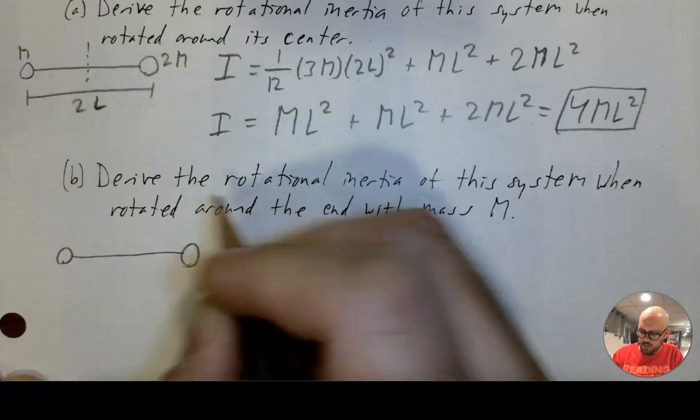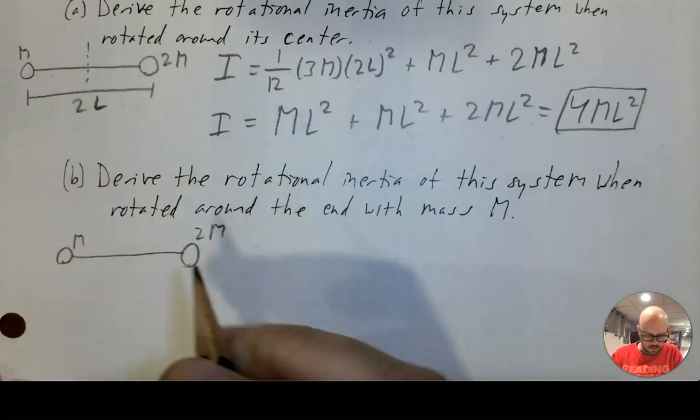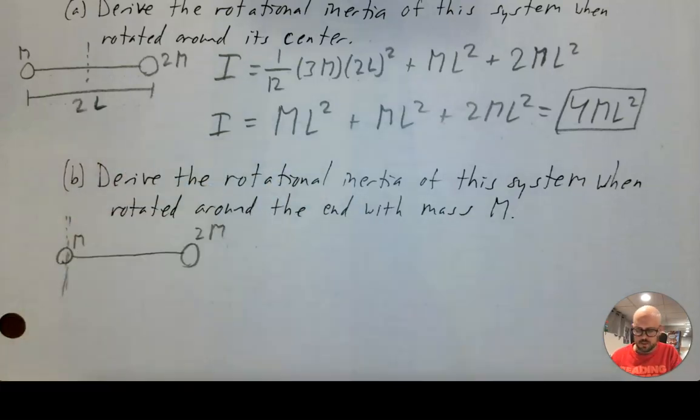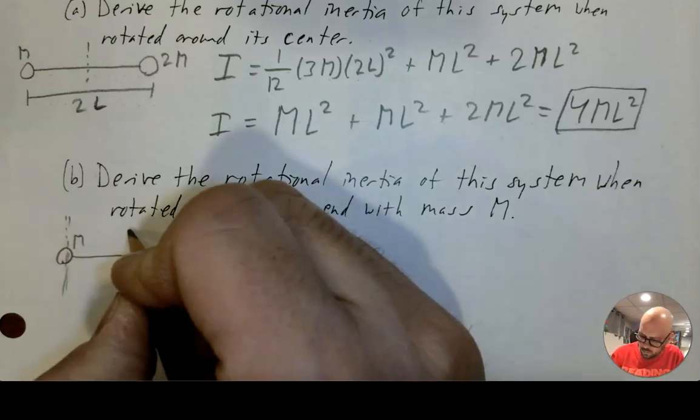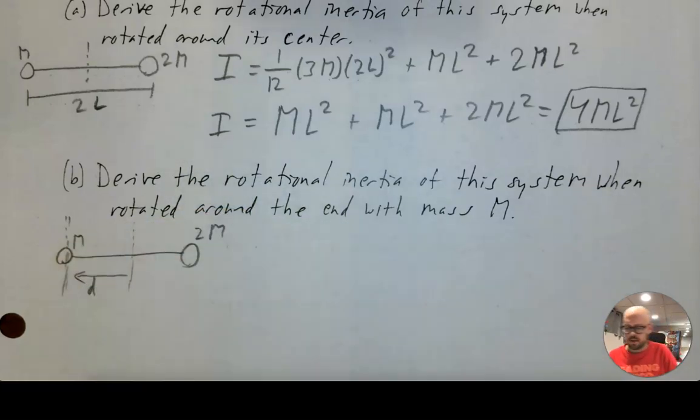So now what we're going to do is take the same system and rotate it around that left edge. The old axis was here, and so the distance the axis got moved is from the center to the edge.